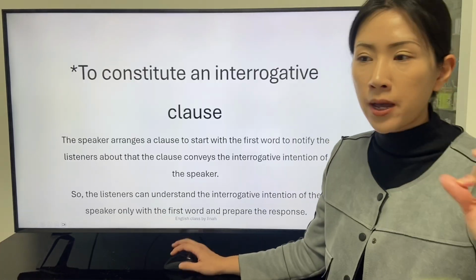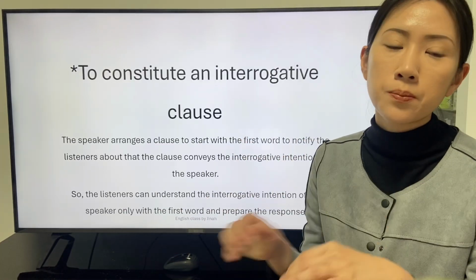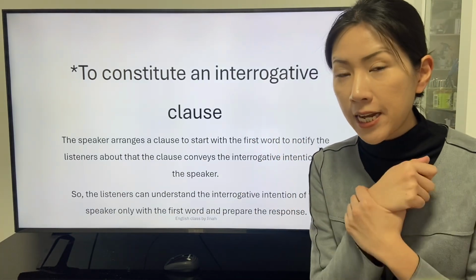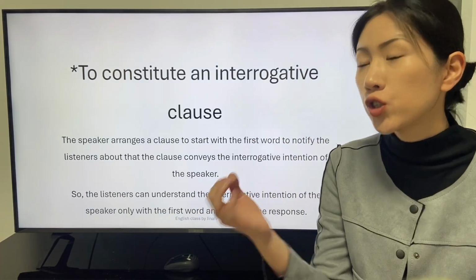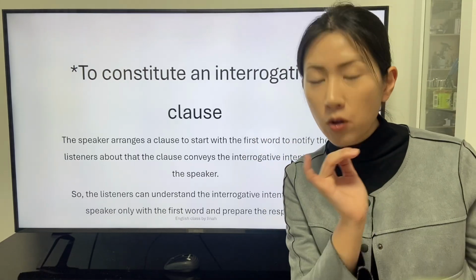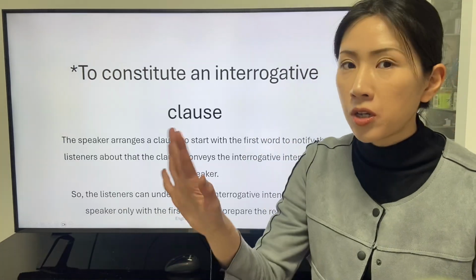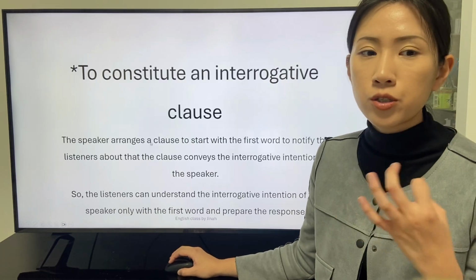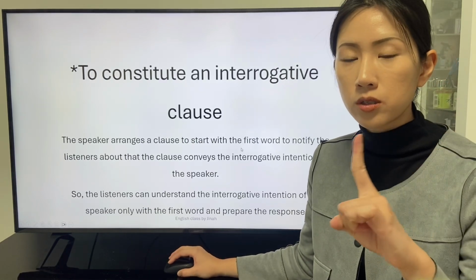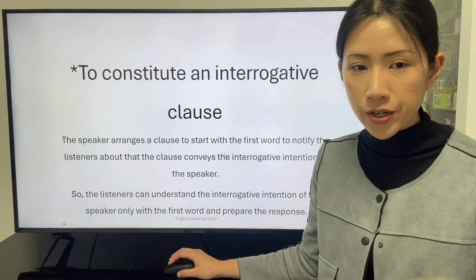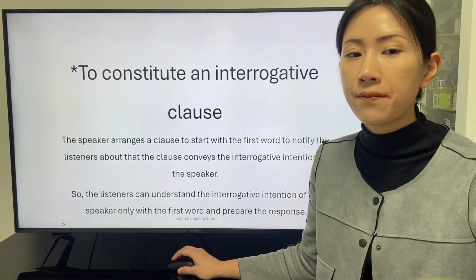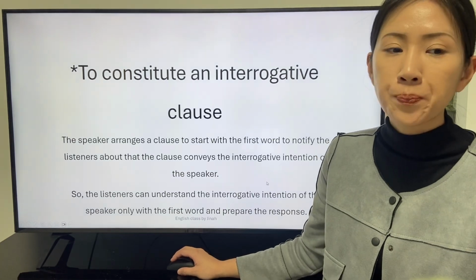We will study about the interrogative clause. The interrogative clause conveys the intention of the speaker to ask the clause to the listeners. The speaker arranges a clause to start with the first word to notify the listeners about that the clause conveys the interrogative intention of the speaker.